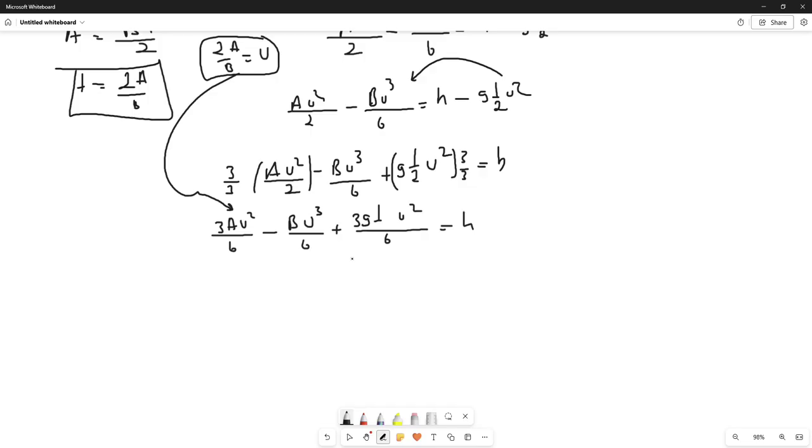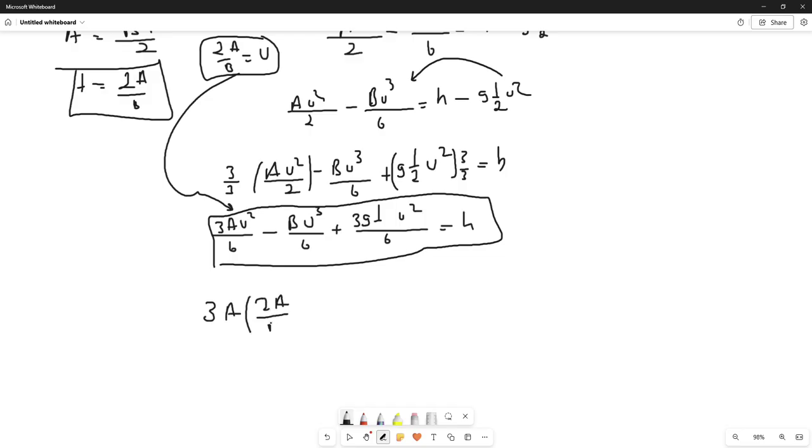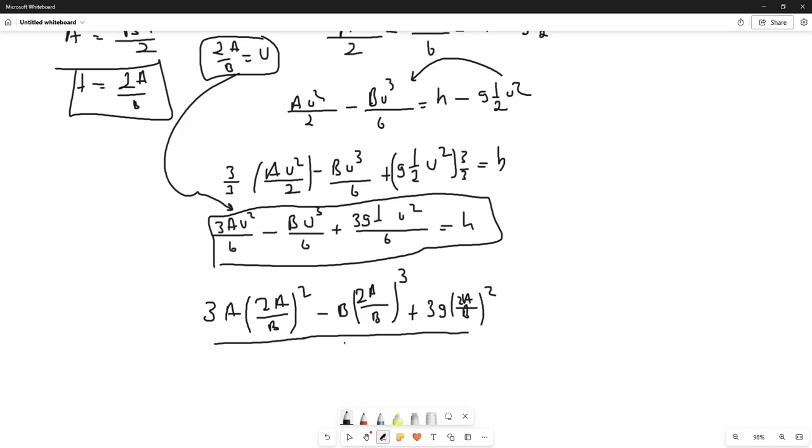It will take so long, so we don't actually need to solve this further, but we can write it like this: h equals 3a times (2a divided by b) squared, minus b times (2a divided by b) cubed, plus 3g times (2a divided by b) squared, all divided by 6.